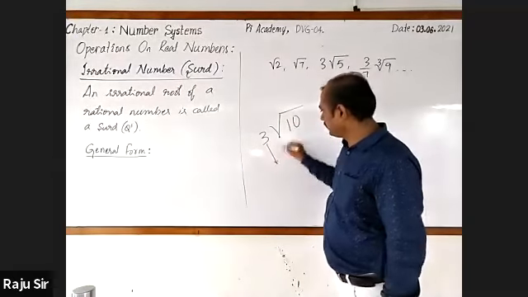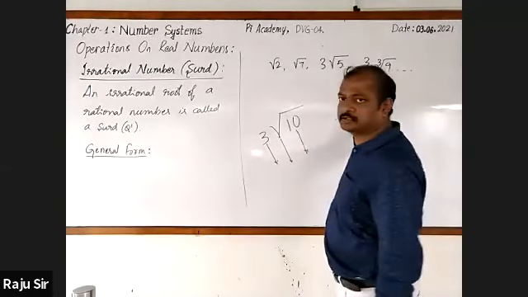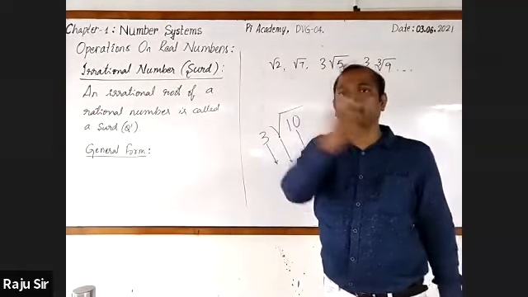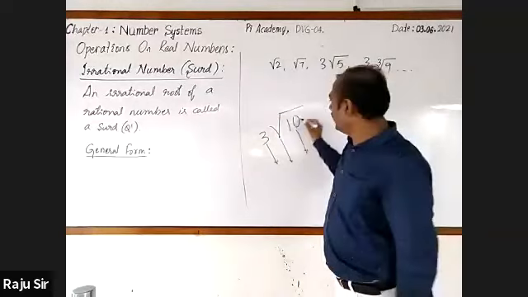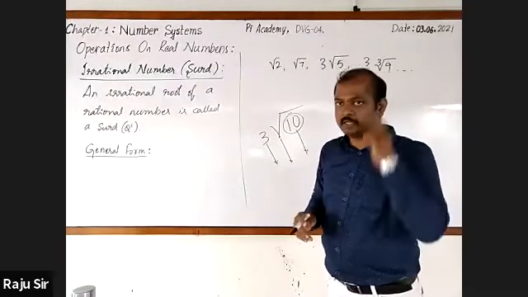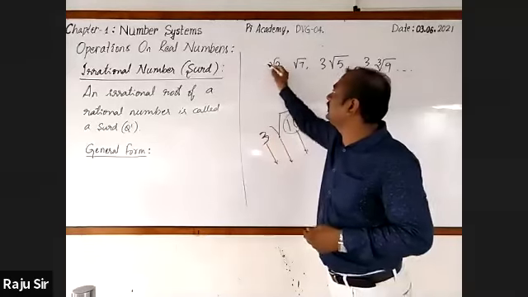This is one part, this is the second part, this is the third part. In all irrationals, a root will be there, whether it may be square root, cube root, fourth root, fifth root, whatever it is. Root will be there, and inside that there will be a number. And outside that there will be a number. If nothing is there, 1 is understood.